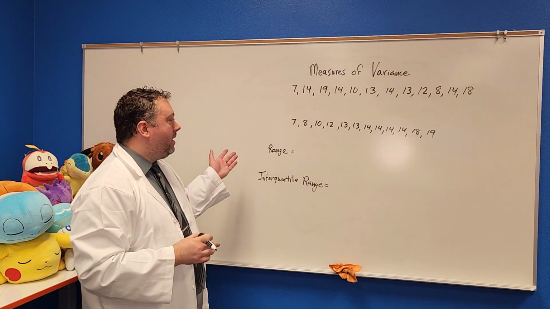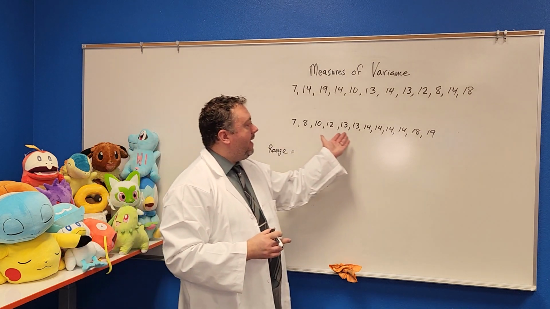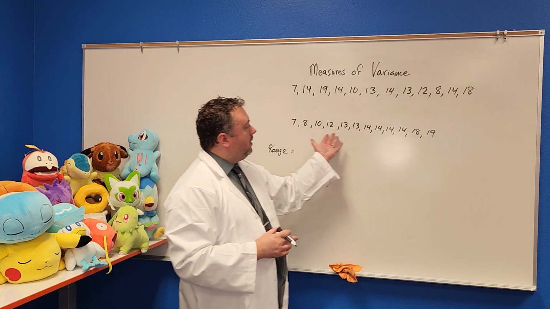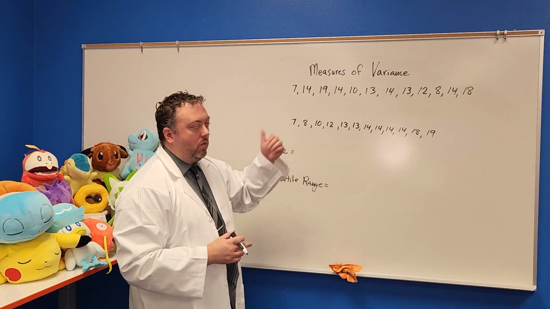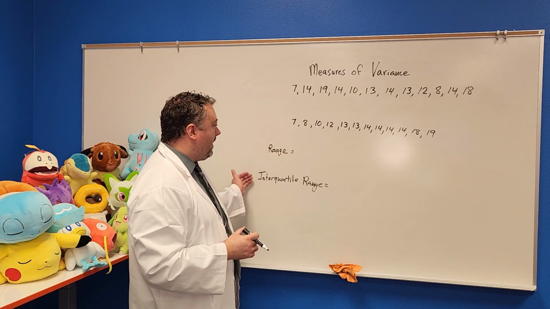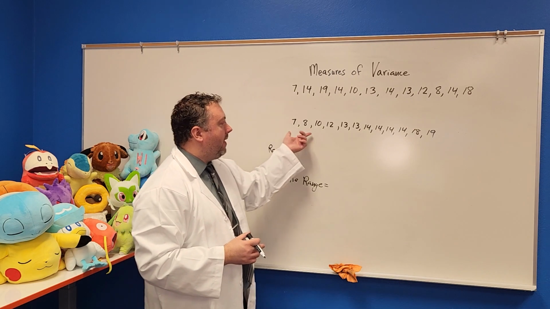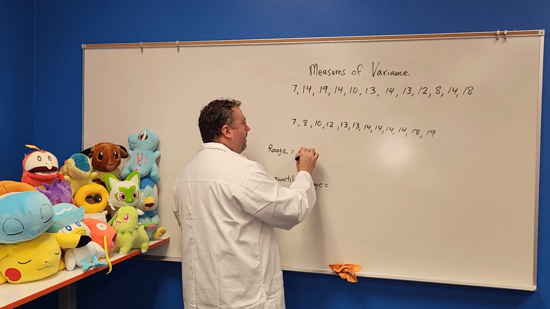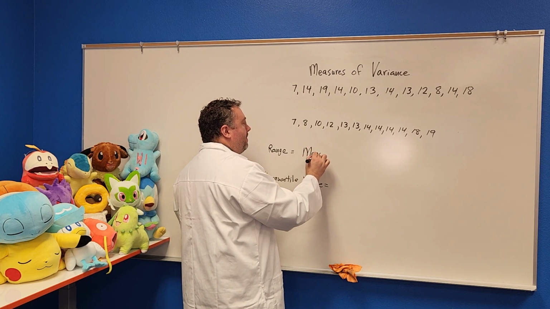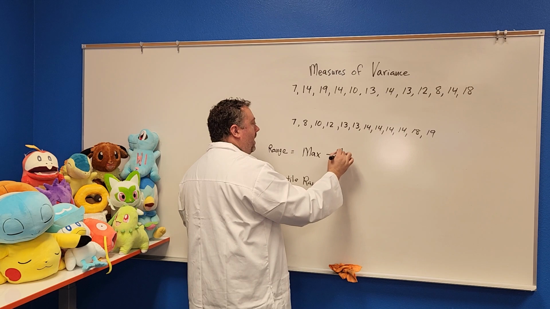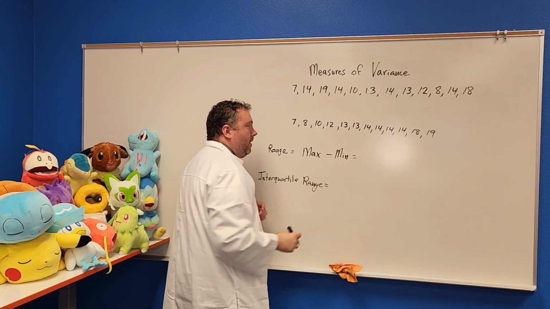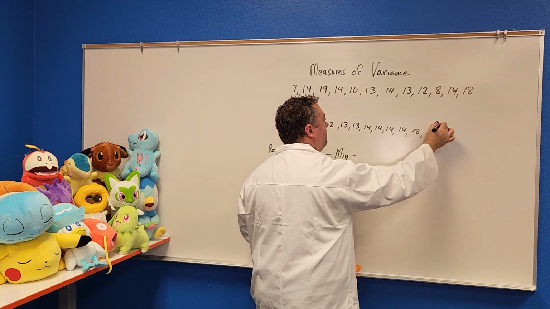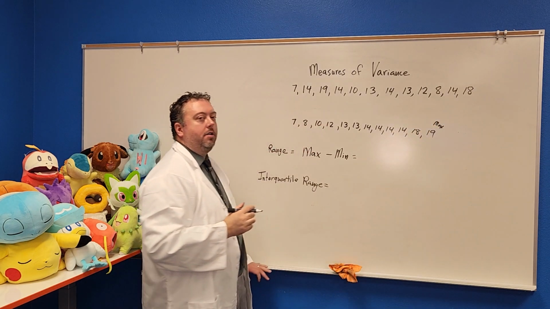Now, I went ahead and kept from our last video this list of our data in order, because in both the range and interquartile range, it's great to have our data in order. Now, for the range, you're looking for the maximum minus the minimum. So the maximum is the largest value.